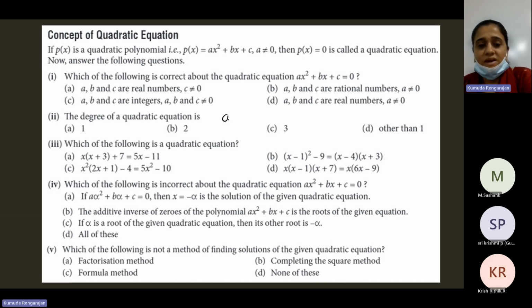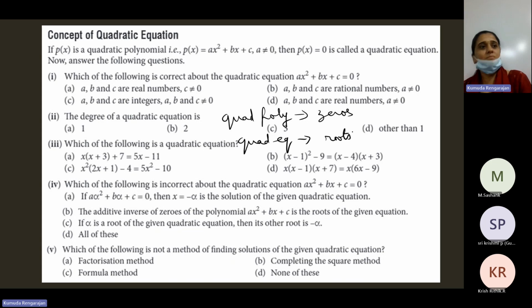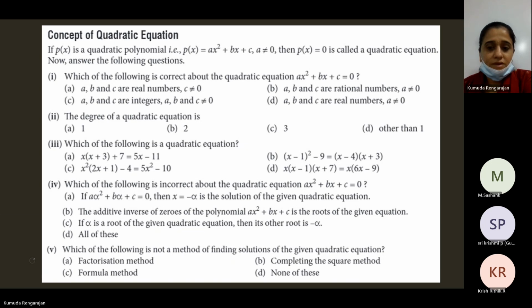When we say quadratic polynomial, we use the term zeros. When we say quadratic equation, for the same numbers, we say roots. 1 and 2 are the roots of the quadratic equation, or 1 and 2 are the zeros of the quadratic polynomial. But the numbers are 1 and 2 only. So this is also incorrect.